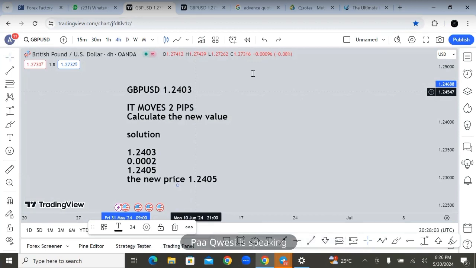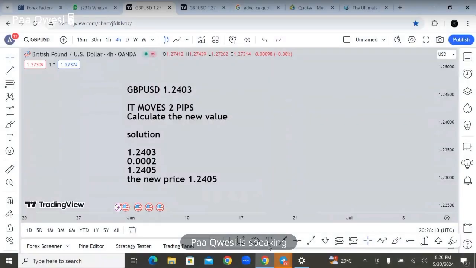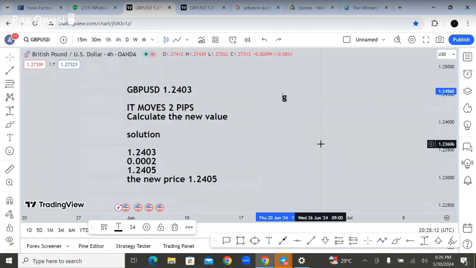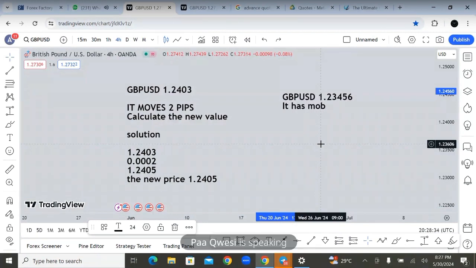So let me give you an example. Let's say GBP USD, the current price is 1.23467, and it has moved, let's say, 9 pips.